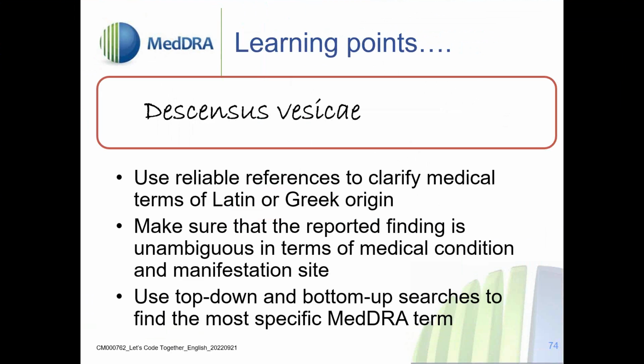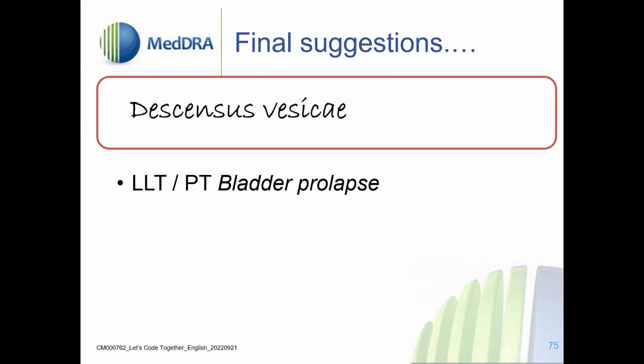So here we had to decide whether this is really referring to the urinary bladder or the gallbladder. But as we discussed before, this is definitely referring to the urinary bladder. And use top-down and bottom-up searches to find the most specific term. So here's our final suggestion. We would code to bladder prolapse, same PT.